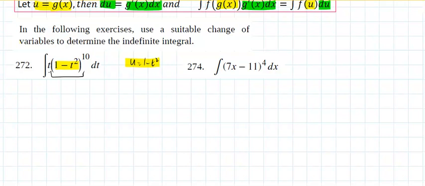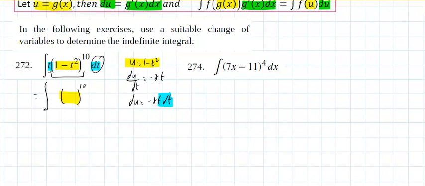What you do, you let u equal the inside. u equals 1 minus t squared. Take a derivative of that with respect to t in this case. That's negative 2t. Now, if you cross multiply, and you're going to do that every time, you'll say, well, look, I see t dt right there. So what I'll do, I'll switch from t to u.